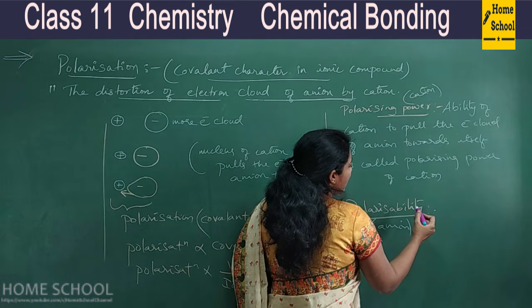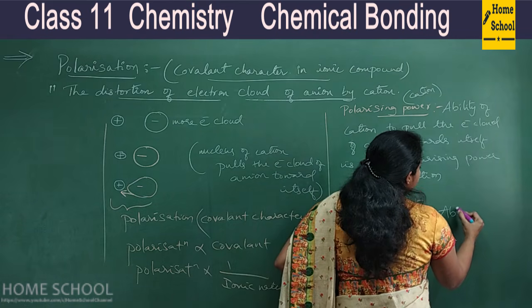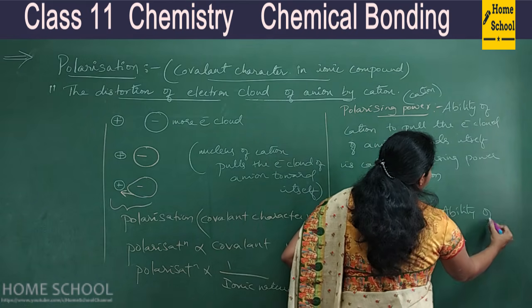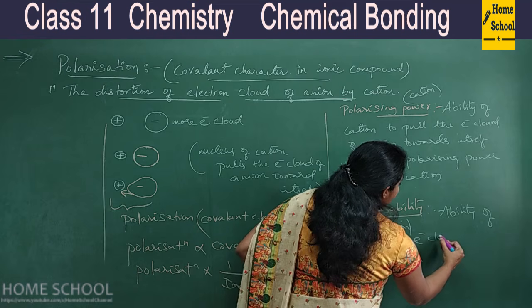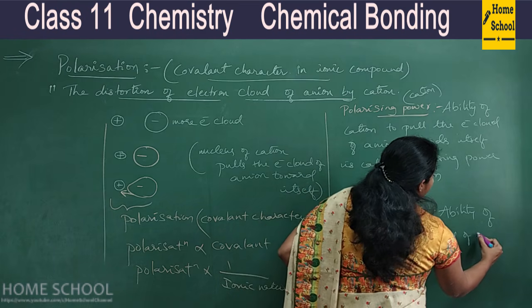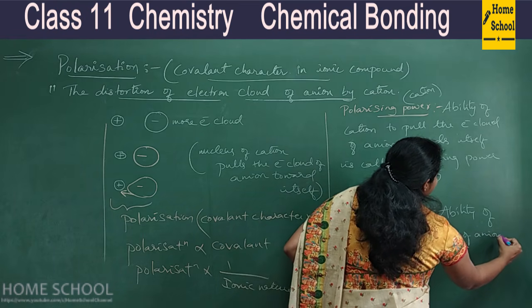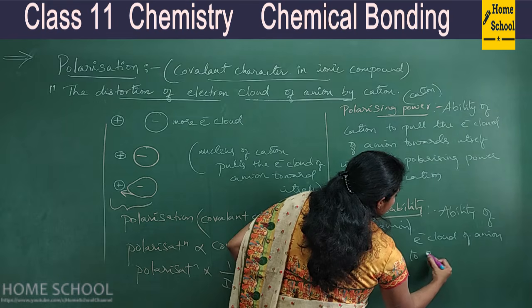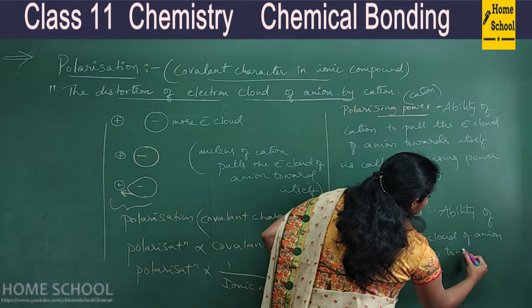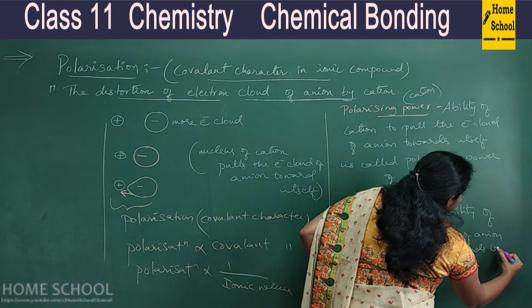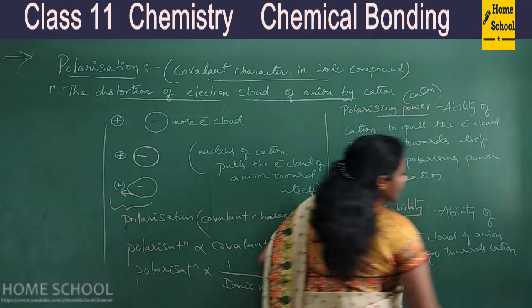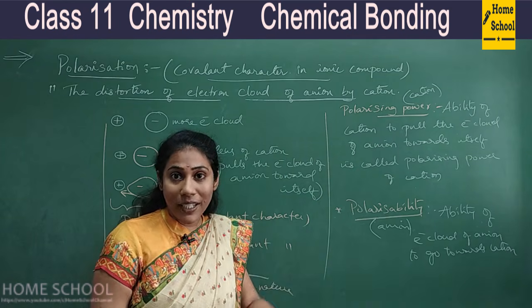So what is polarizability? Ability of the electron cloud of an anion to go towards the cation. I am telling all this in very simple words so that you can understand.